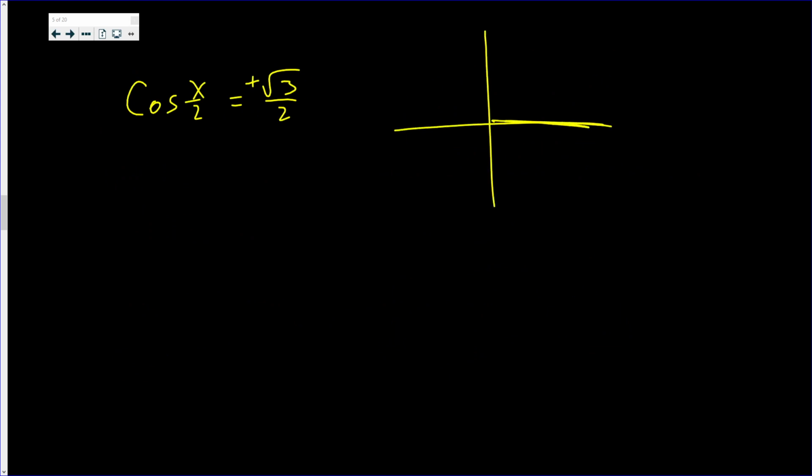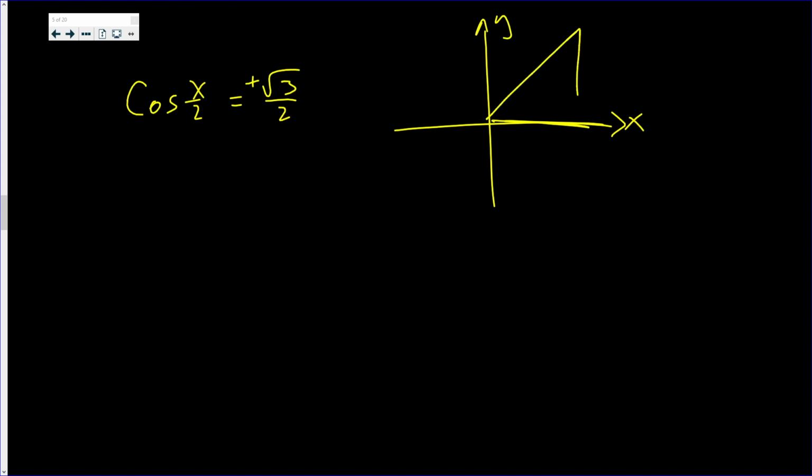Suppose you are given that the cosine of half x is radical 3 over 2. Okay. Cosine deals with the adjacent and is positive. That means it's to the right of the y-axis.